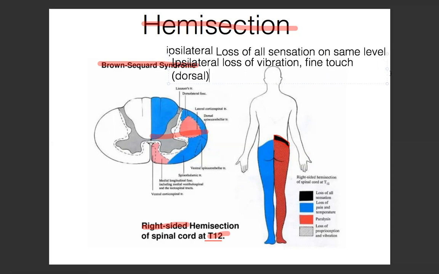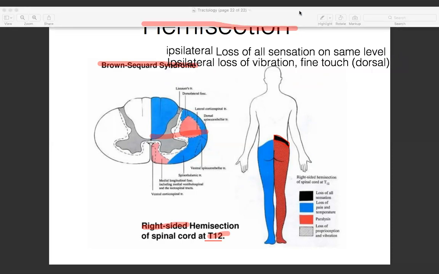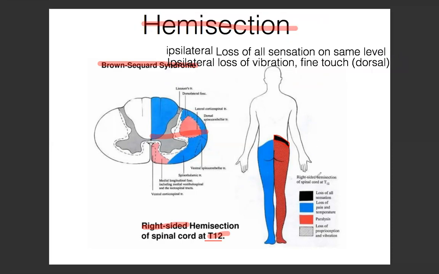So you'd lose ipsilaterally anything from the dorsal column, because remember we said the dorsal column was going to cross in the medulla, right? So for example, if this was the dorsal column from below it, it would go up through this layer and it was supposed to cross in the medulla, right? So in this situation, it got interrupted here, right? So it got interrupted, which means it's no longer going to be felt.